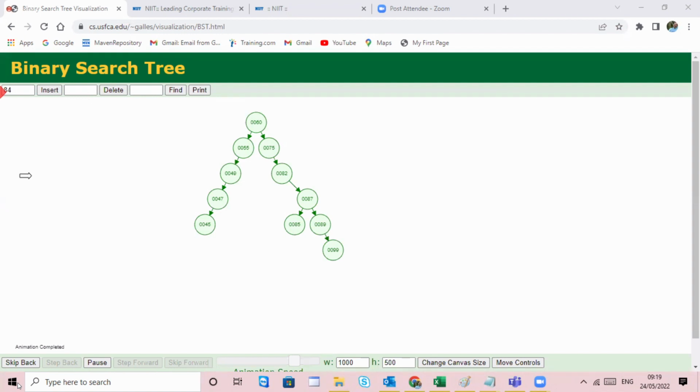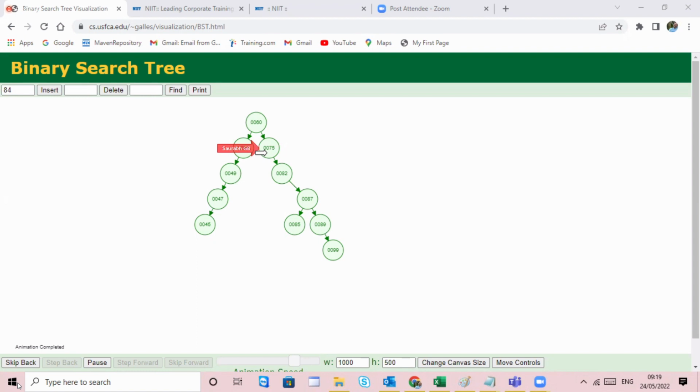If it is greater than 75, which is the current node in the right hand side, then once again it will check whether my newly inserted value should be available in the right hand side of this node. Does my right hand side have any value? Is it null or not?